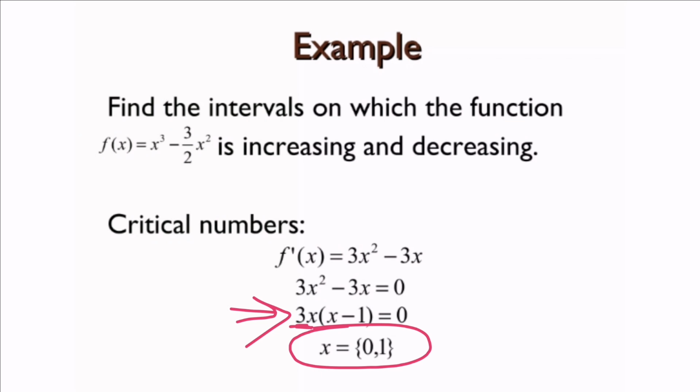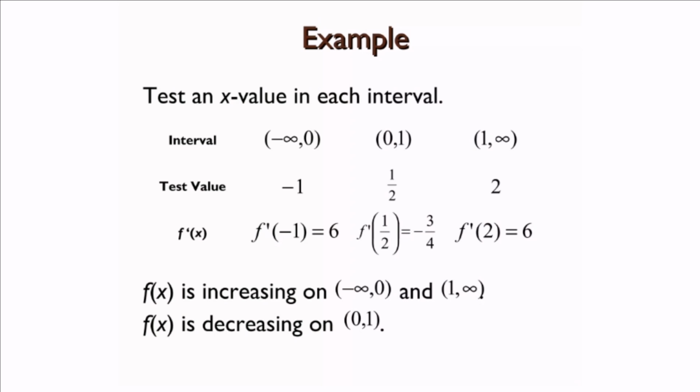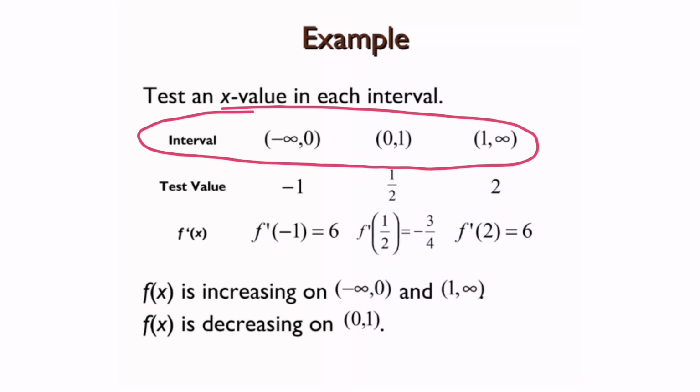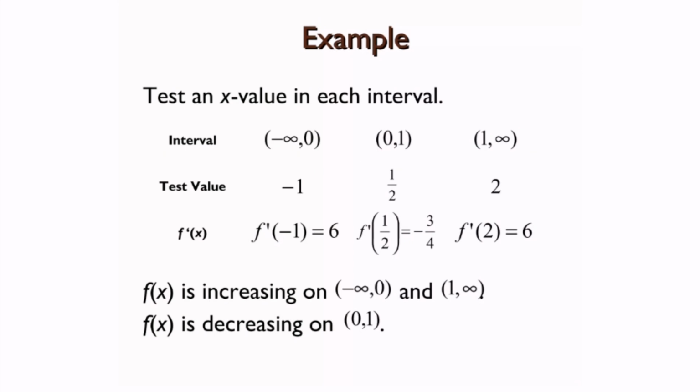These critical numbers divide all real line on three subintervals from minus infinity to 0, from 0 to 1, and from 1 to infinity. Because critical numbers is responsible for boundaries point or boundary values of each subintervals.